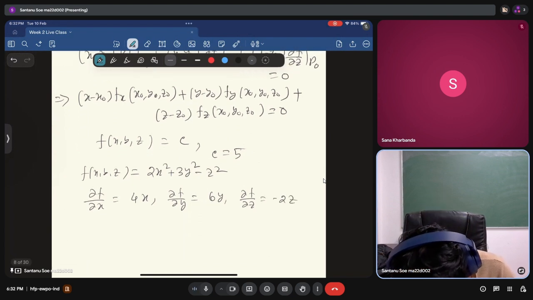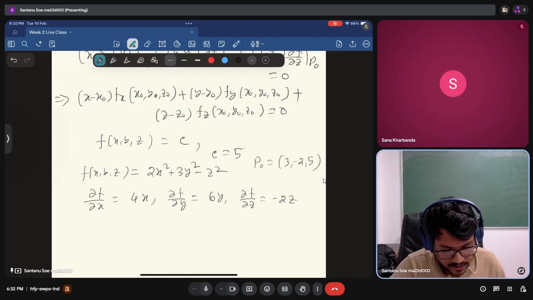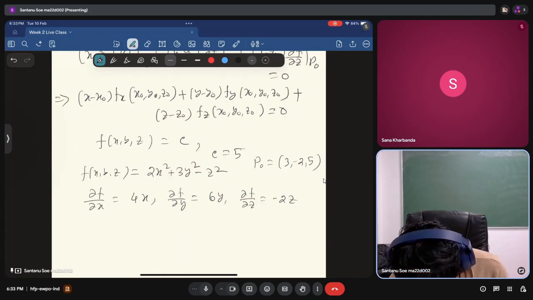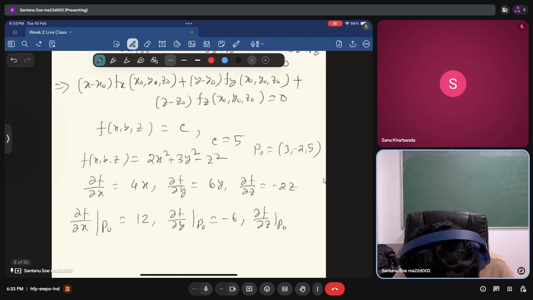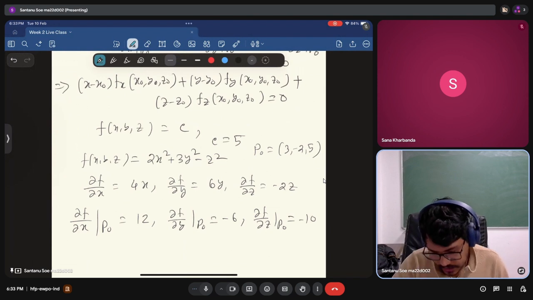Now the point was given like (3, -2, 5). So del f del x at P naught will be 12, del f del y at P naught will be minus 6, and del f del z at P naught, sorry, yeah, it will be minus 10.